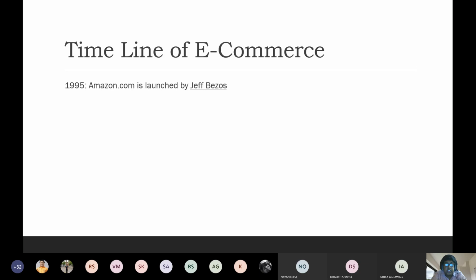At earlier stages, there were a lot of hiccups faced by these online partners, because they were not able to sell, they were not able to get money. The idea was that any customer who wanted to make a purchase would need to use a credit card, and because of credit cards, there was a whole lot of security issues, and that's the reason why these companies were not really working that well.